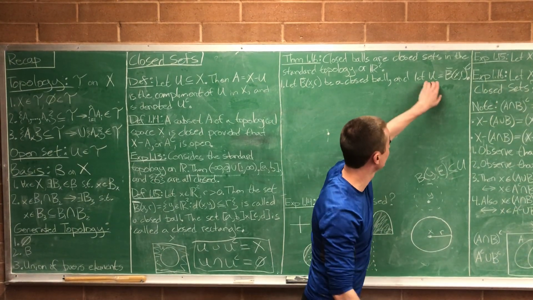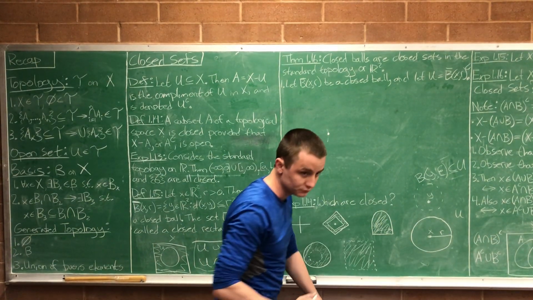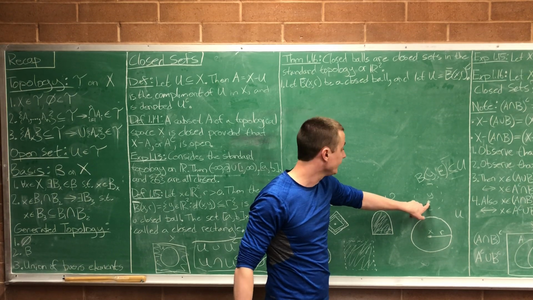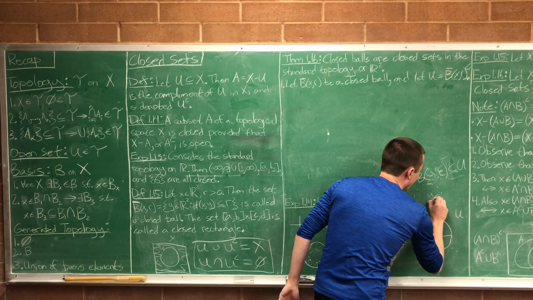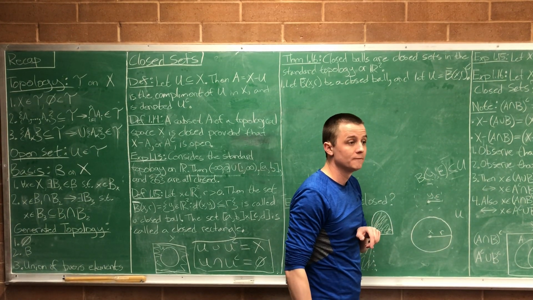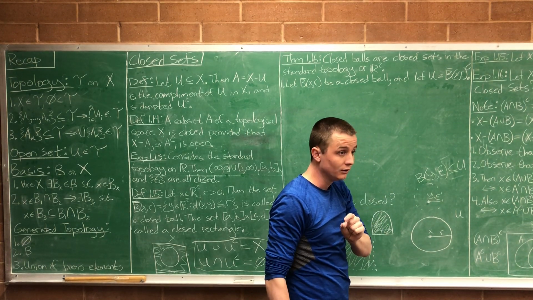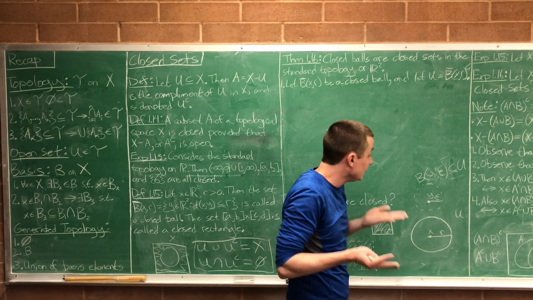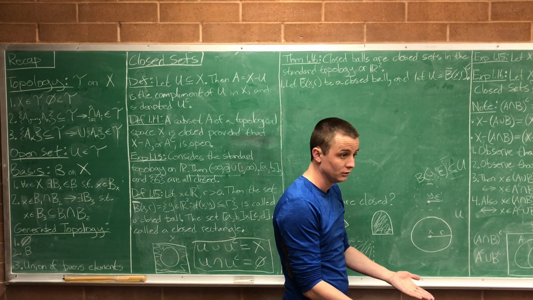Remember how I defined U up here. U is everything not in that circle, so everything out here. Let me show you that for any point in U you grab, call it y, I can construct an open ball around y with some radius epsilon such that this open ball is a subset of U. If I can do that for every point in U, then the union of all those open balls is U. Union lemma.